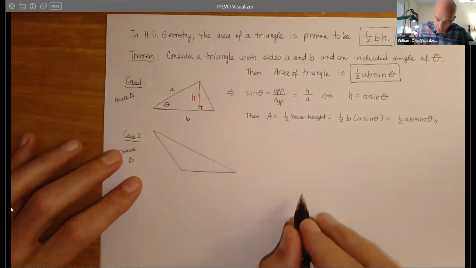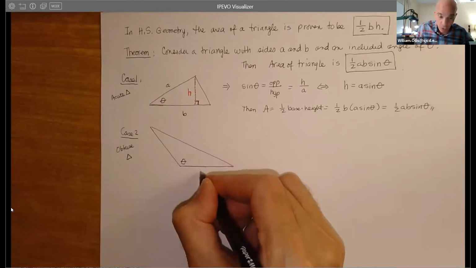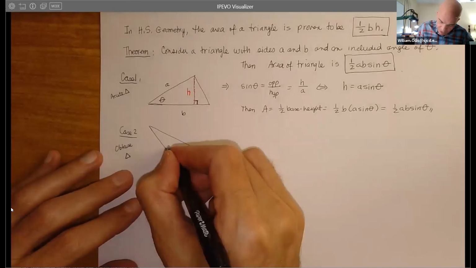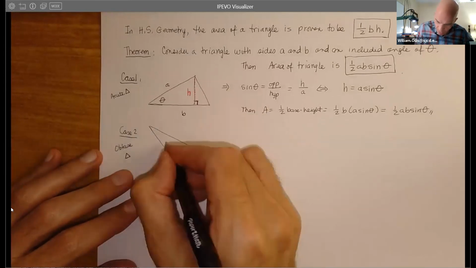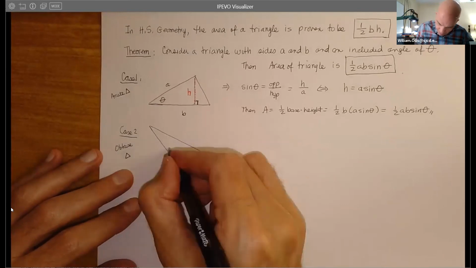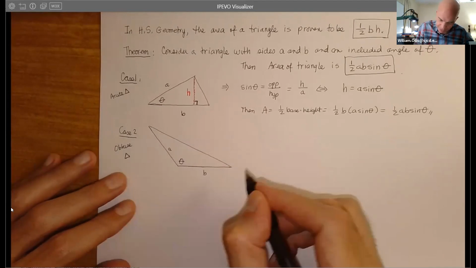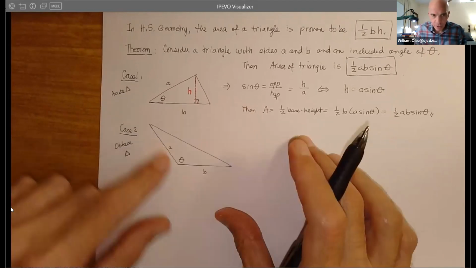So now, again, we'll have a theta, and I'll do it the same way I did this one. It doesn't matter. We'll just have an A and a B. So that's side A, side B, included angle.